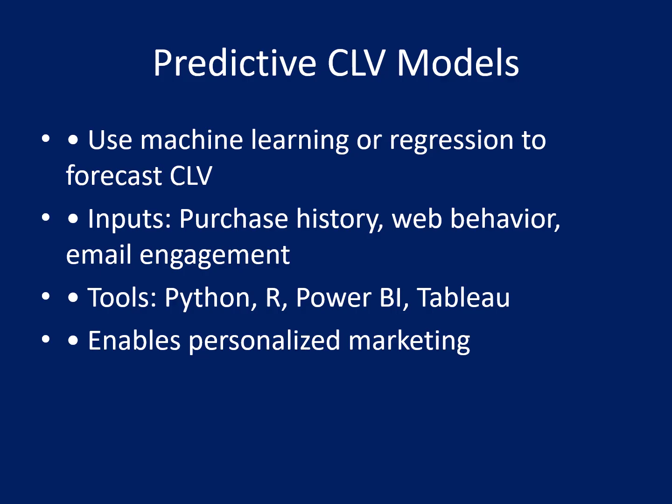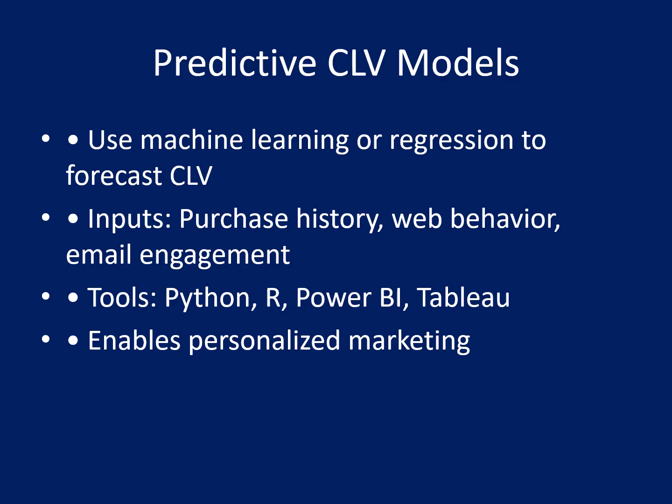Beyond this basic formula, many companies use predictive analytics to estimate CLV. They use customer behavior like browsing history, click-throughs, and past purchases to forecast future value. Machine learning models can analyze patterns and automatically update CLV scores in real time.